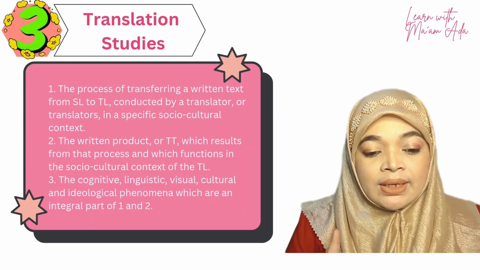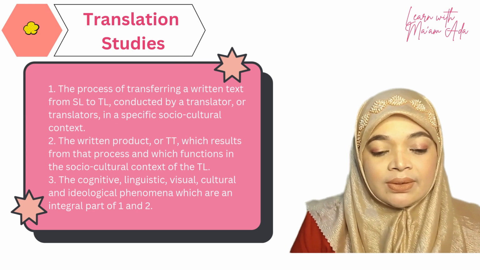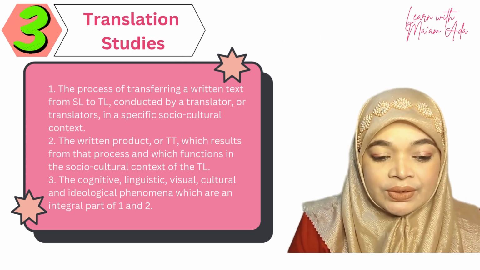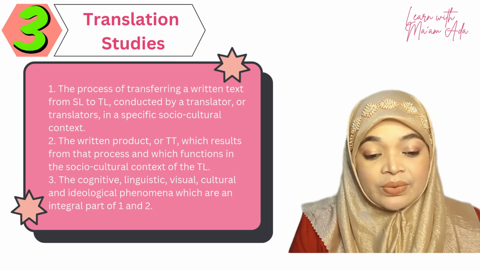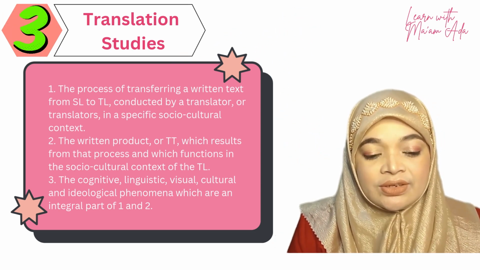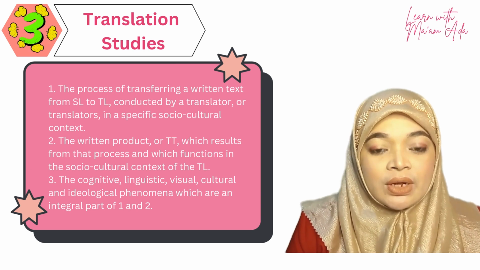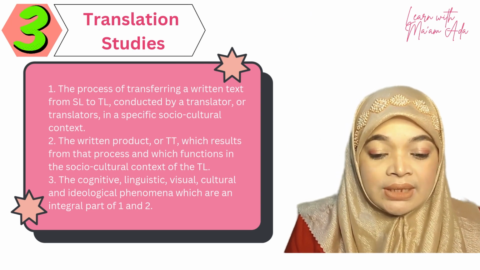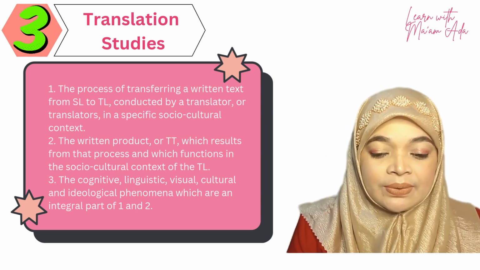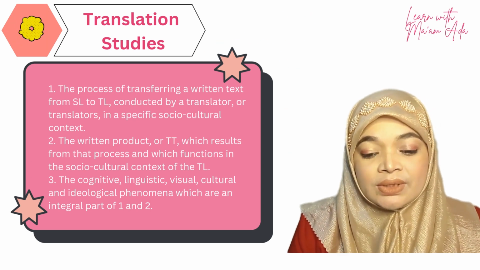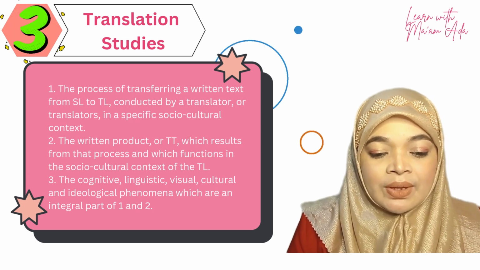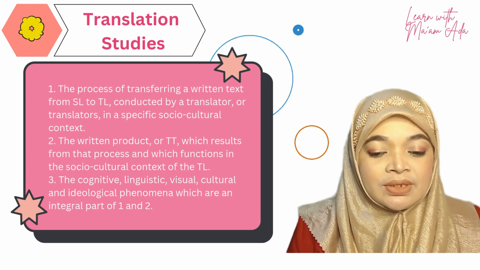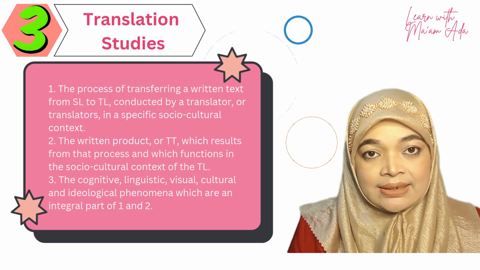Now, when we talk about the ambit of translation, we have this concept box. We have the three ambits of translation. First, the process of transferring a written text from source language or SL to target language or TL, conducted by a translator or translators in a specific socio-cultural context.